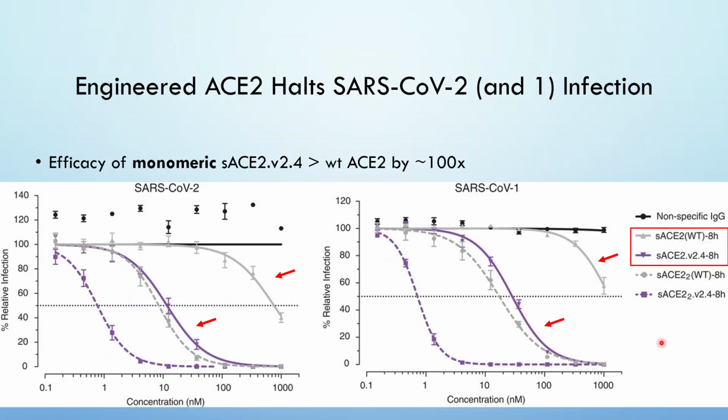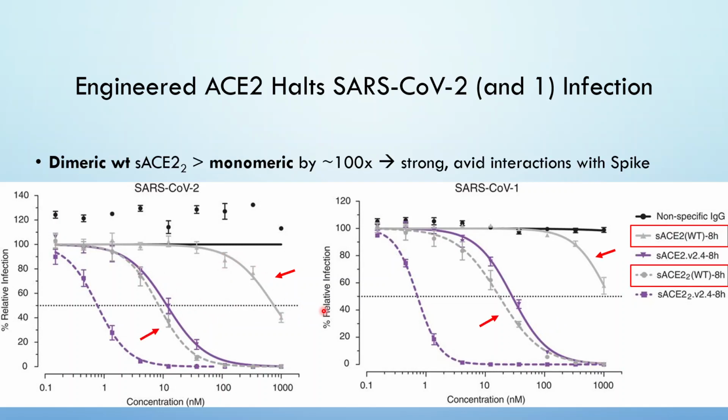Now, the last step is to test in the biosafety level 3 room to see if it can really block the infection of cells in cell culture. With a lower concentration, here we see that the engineered ACE2 monomer prevents infection compared to the wild type, as seen by this solid and gray line.